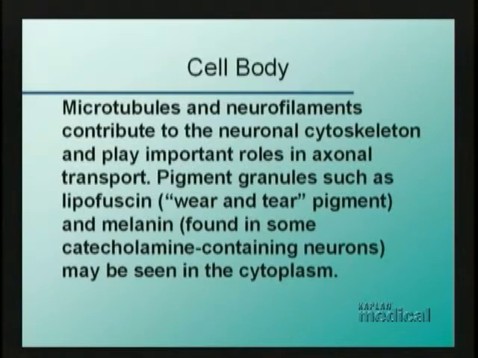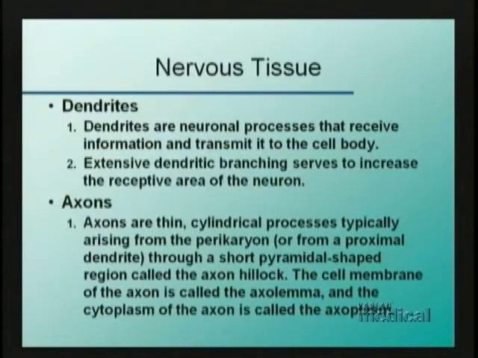And in many cases, neuron cell bodies may be pigmented, containing either lipofuscin or melanin pigments. Melanin pigments are particularly distinct in neurons that are producing catecholamine-based neurotransmitters such as dopamine and norepinephrine.